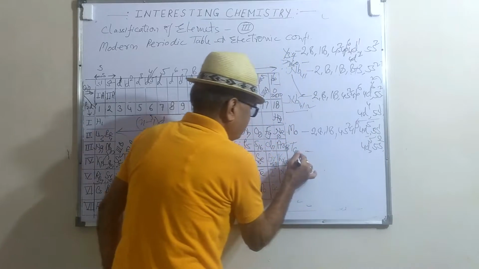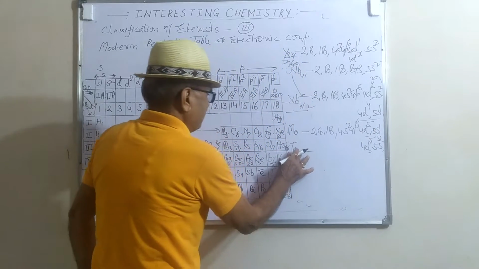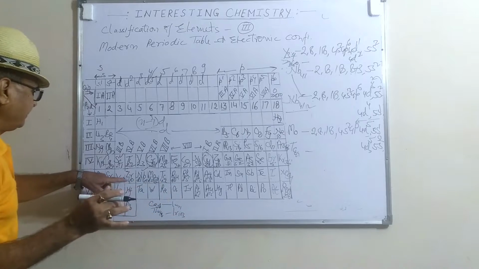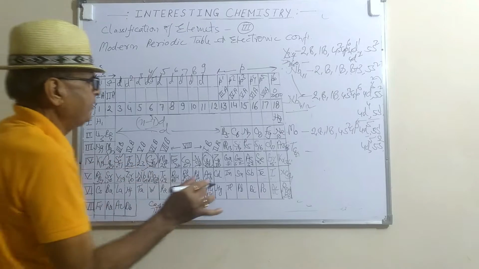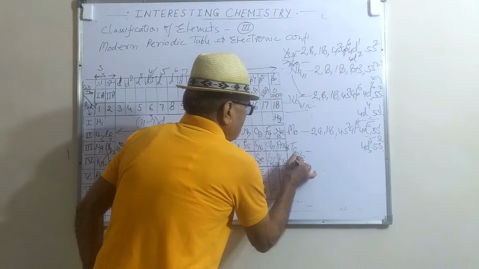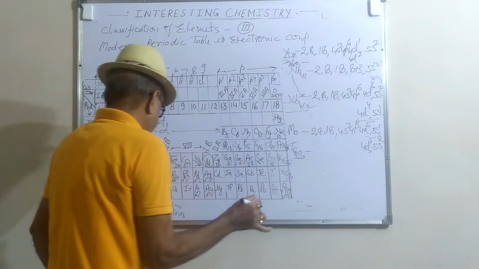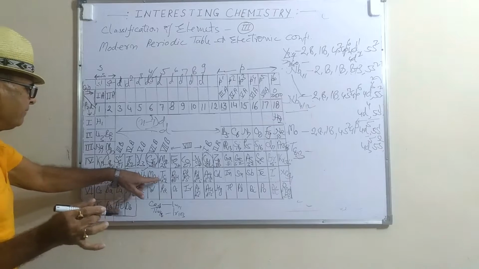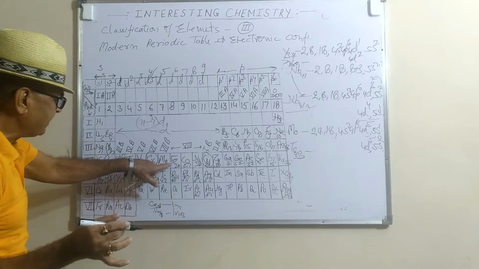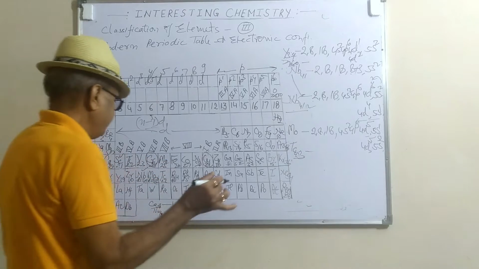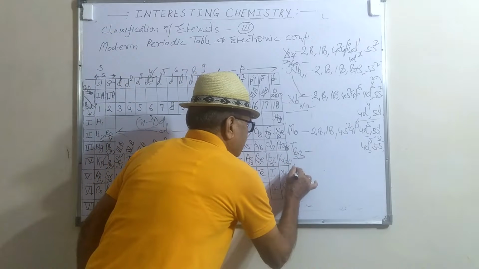The 43rd electron will enter into the 5s2. Then ruthenium, number 44.